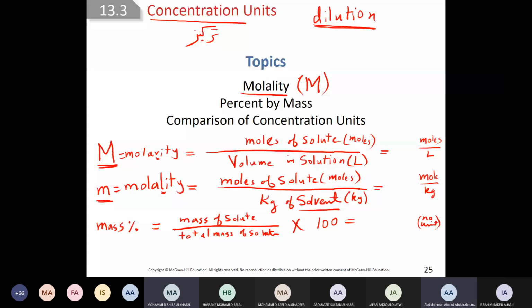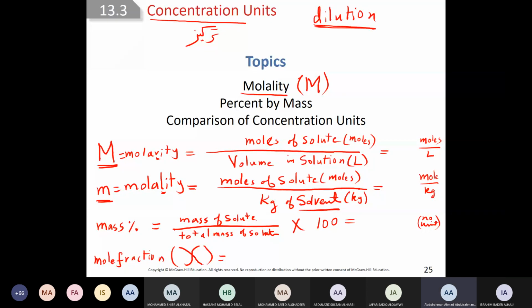Good. And last is actually mole fraction. Mole fraction, we represent it by capital X, like this.